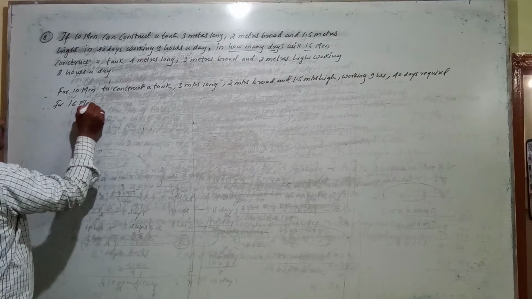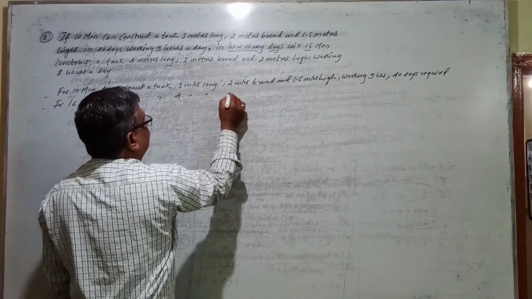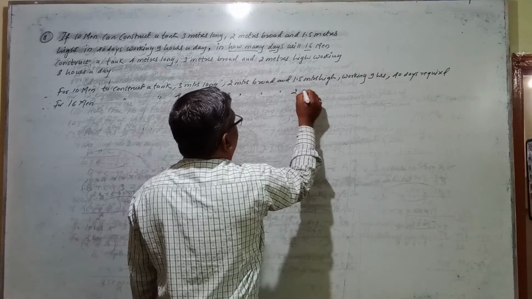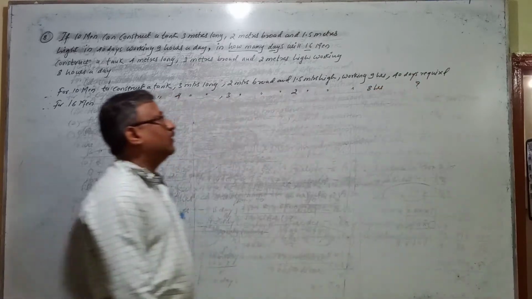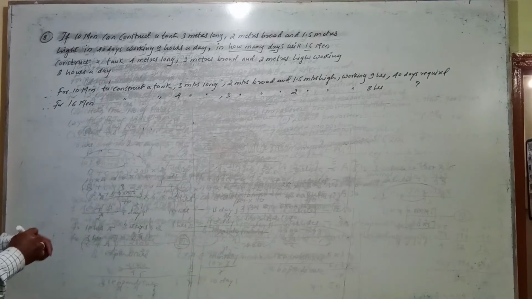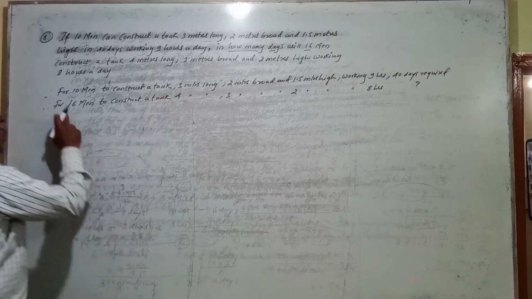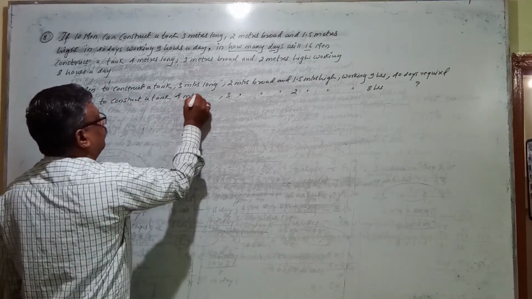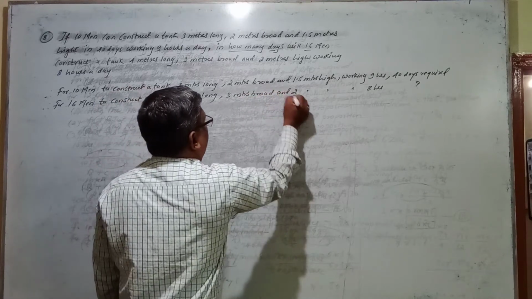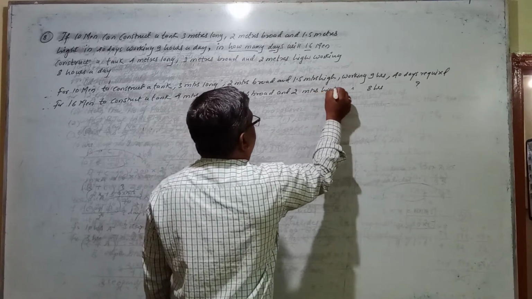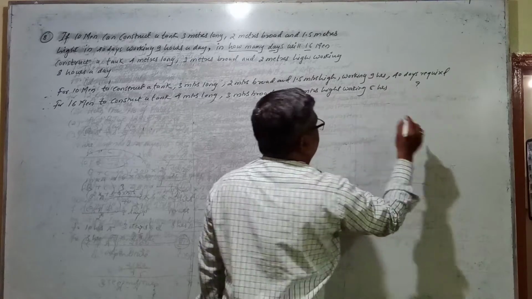So for 16 men to construct a tank which is 4 meters long, then 3 meters broad and 2 meters high, working 8 hours, how many days are required?